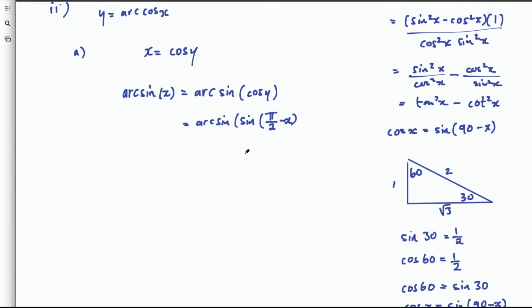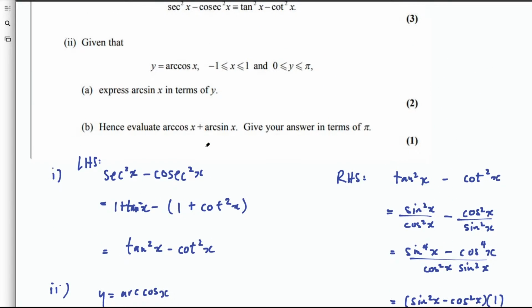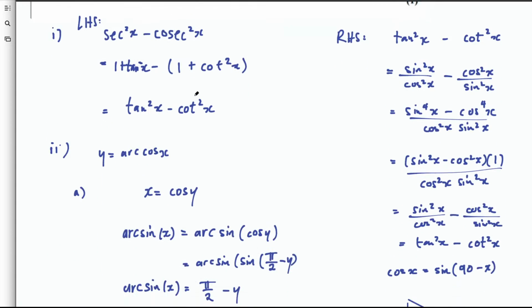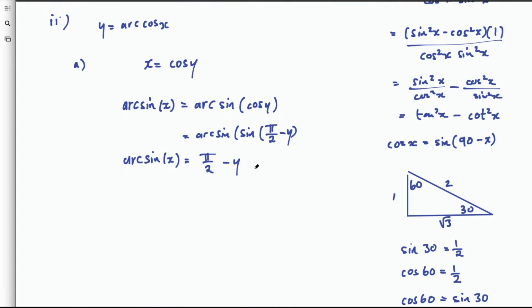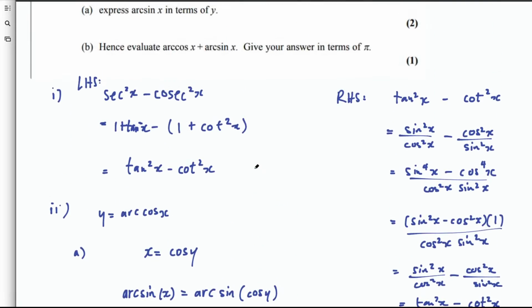Oh sorry, that should be y, not x. Yeah, the inverse sine of the sine, they cancel each other out. So on the right hand side, we're left with pi on 2 take y. So arc sine x is pi on 2 take y, I believe.